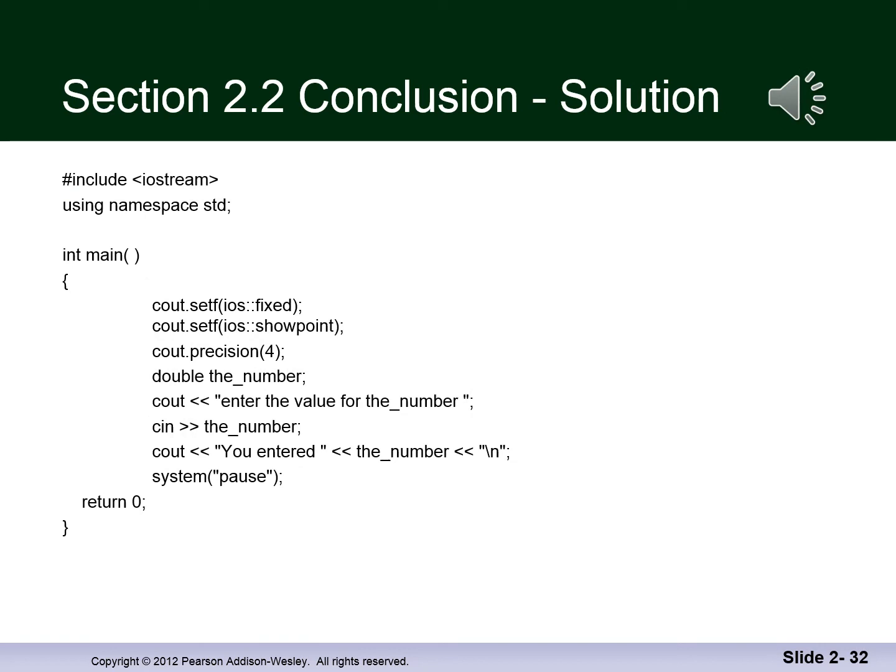Here is the solution for the items on the previous slide. You see the setf statement for fixed point, show the decimal point, and set the precision at 4. And we're declaring a double, the number. Then the cout statement, "Enter the value for the number". cin, the number. cout, "You entered", the number.